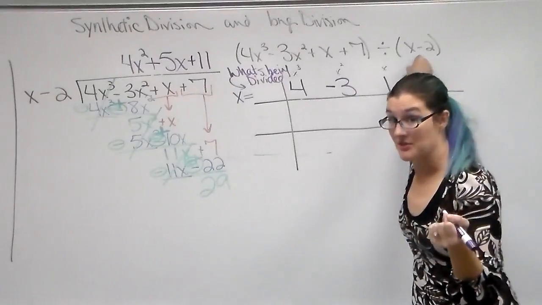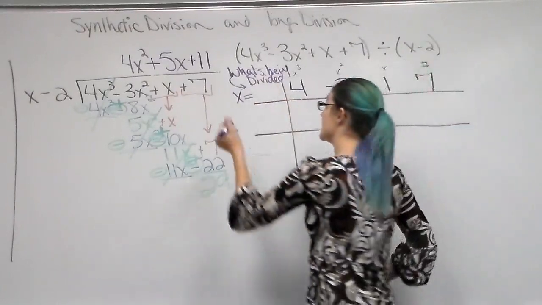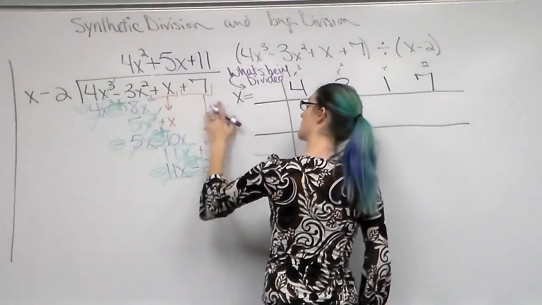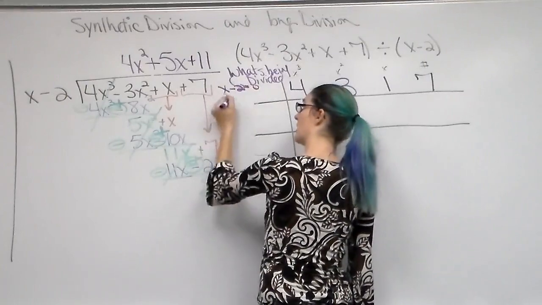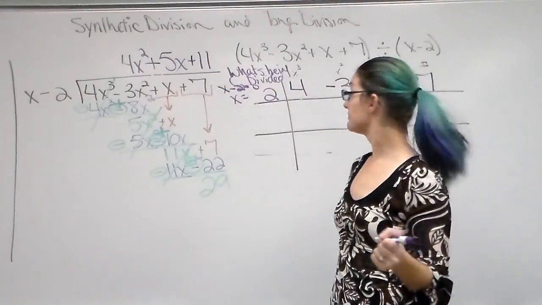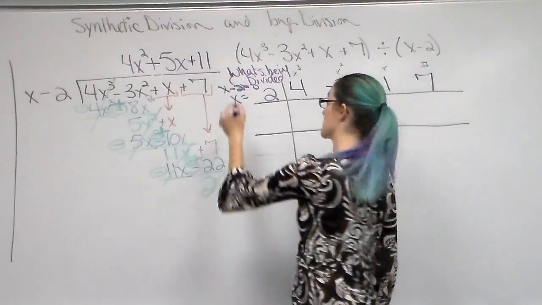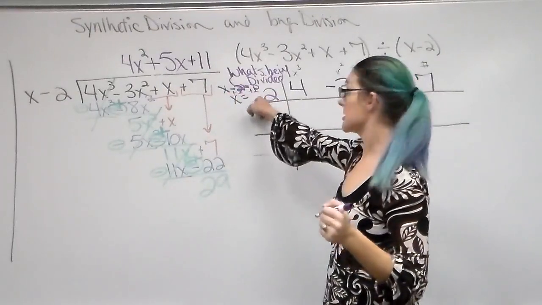We don't want x minus 2. We want x equals. So say it's x minus 2, put it over here. X minus 2 equals 0. X would equal positive 2. Because we would add 2, add 2. So that's what we're going to put over here.